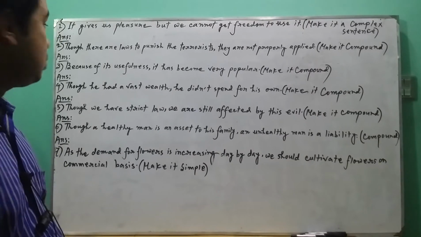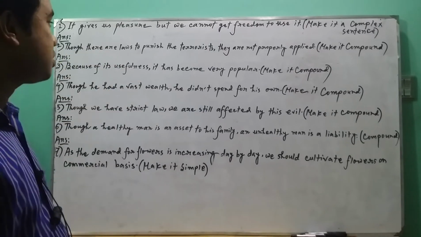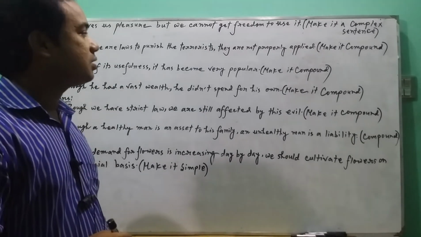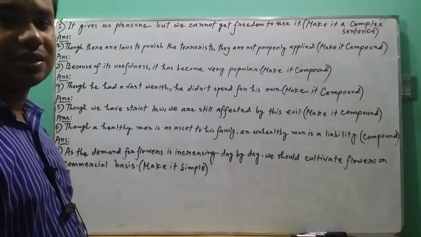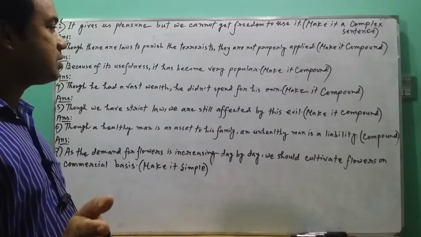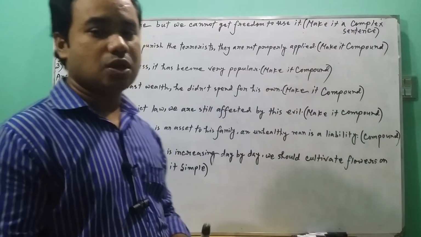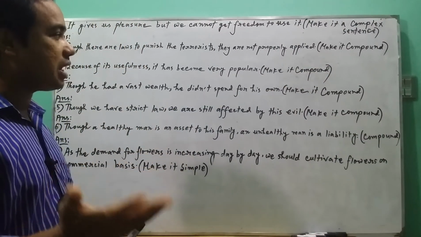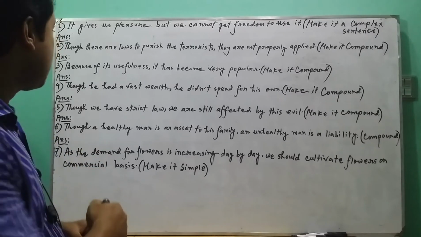The second example is, though there are laws to punish the tourists, they are not properly applied. And what type of sentence is it according to structure? We are told to make this a compound sentence, so the rest of the two are simple and complex sentences.